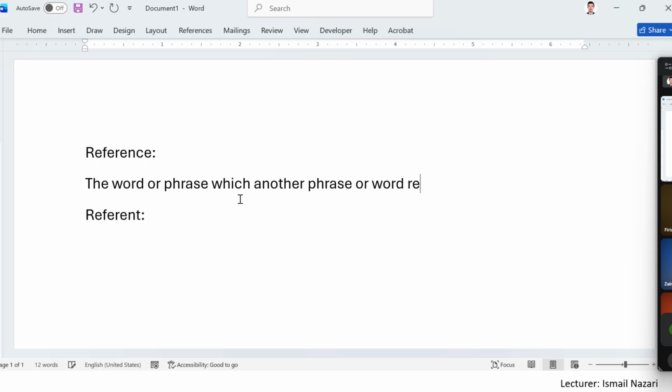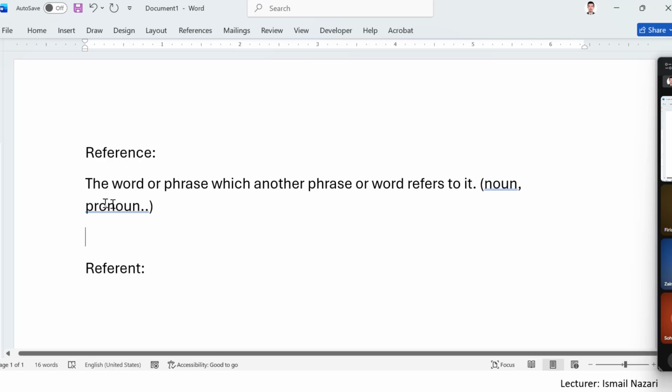That can be a noun, or a pronoun. So that's what we have as a reference: the word or phrase which another phrase or word refers to.